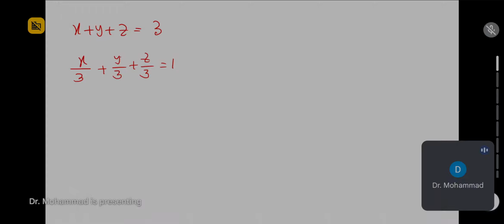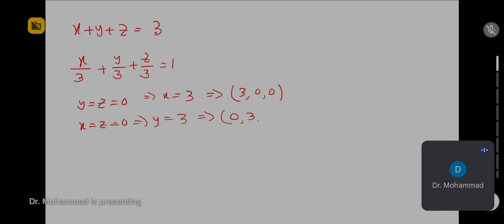So now if we take y and z 0, then x is 3. So this implies the point is now 3, 0, 0. If we take x and z 0, then y is 3, and the point is x 0, y 3, and z 0.